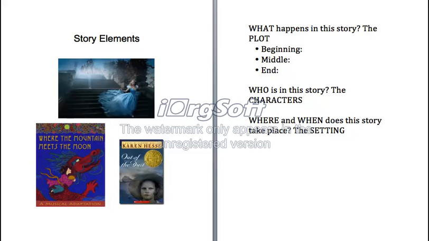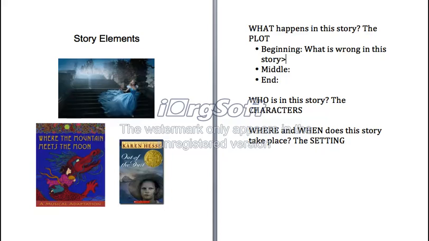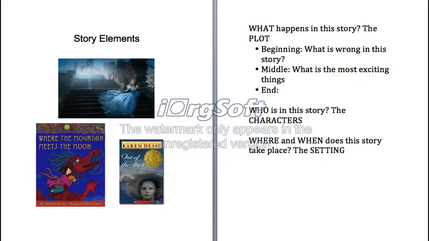And in the beginning, middle, and end, particular things happen. And to remember these, we can also ask ourselves questions. First off, what is wrong in this story? In the middle, what is the most exciting thing or event in this story?